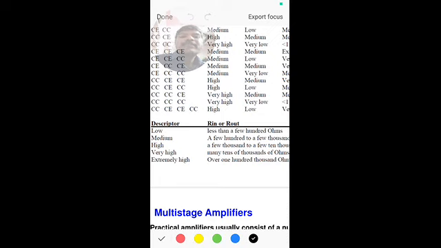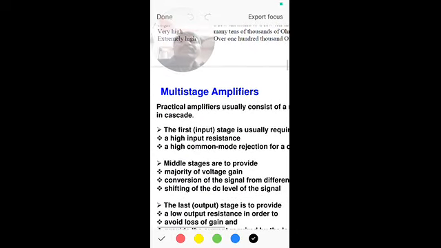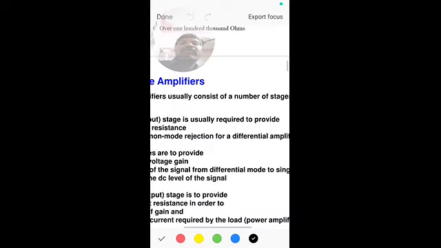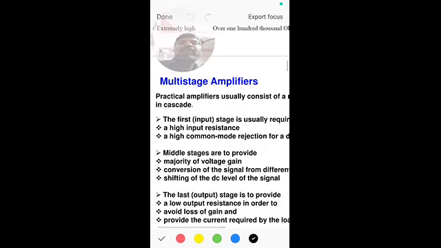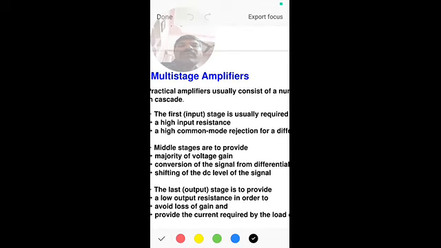Tomorrow in the next class we'll see the gain and the frequency response of a multi-stage amplifier. A practical multi-stage amplifier consists of a first stage that is usually required to provide high input impedance, so we are going to use CC, and that is also going to offer high common mode rejection.